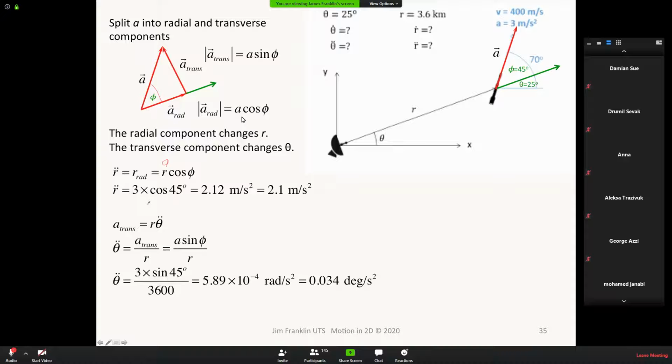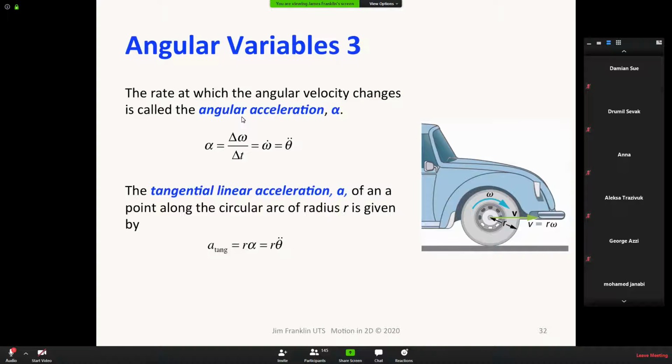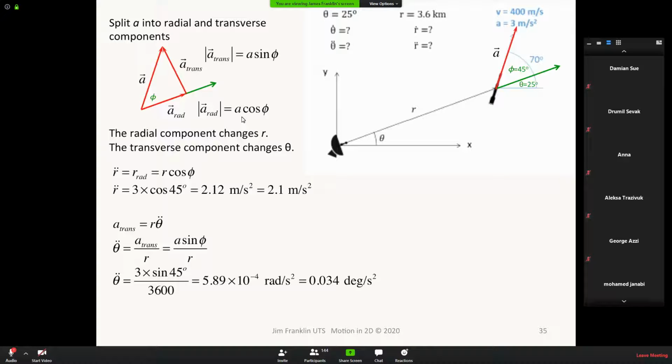If we want to have a look at the rate at which the angle is changing here, that's due completely to the tangential acceleration up there. And we saw that the tangential acceleration is the radius times the angular acceleration. Easy. So A equals R alpha or R theta double dot, same difference.